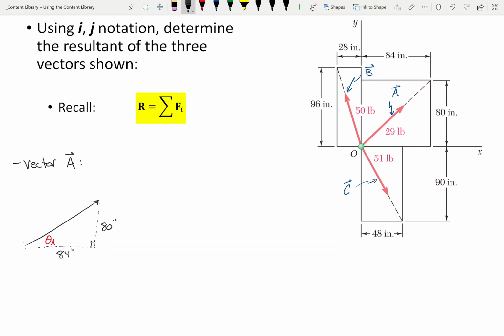So somebody help me out. How would we calculate angle A? What is angle A? Tangent, or more specifically, the inverse tangent. Because the tangent of the angle is what? Say it again? 80 over 84. The tangent is 80 over 84, so the inverse tangent of 80 over 84 will give us the angle.